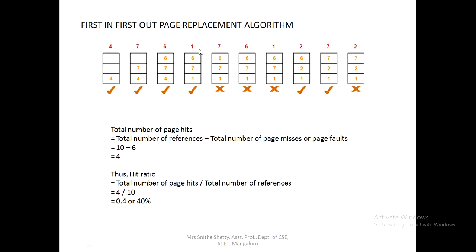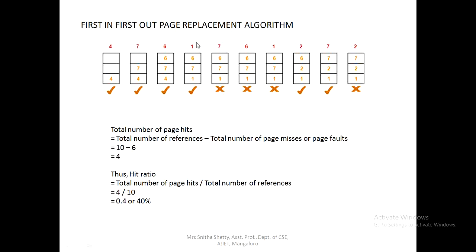Now 1 has to be placed in the frame, but there are only 3 spaces in the frame, f of 0, f of 1 and f of 2. Where to place this? Now I am applying the first in first out concept. First in first out means which page entered first, page 4, page 7 or page 6. Out of 4 7 6, page 4 entered first into the frame.